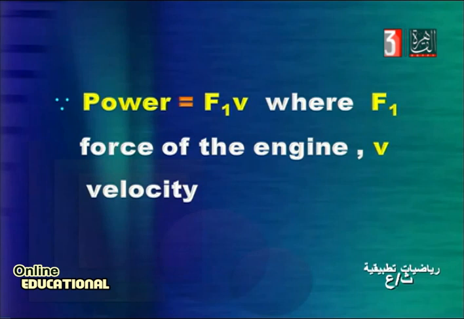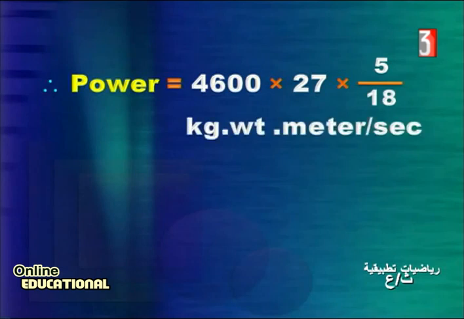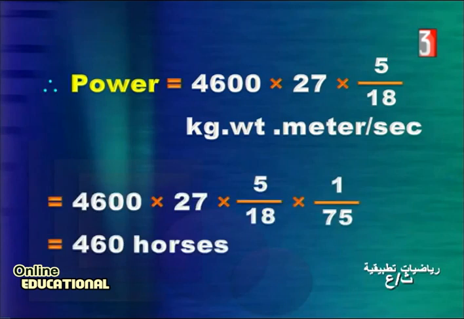Now, the power equals the magnitude of the force, which equals 4,600 kilogram weight, multiplied by the velocity, which equals 27 kilometer per hour times 5 over 18, then the velocity in this case in meter per second. Then the power equals 4,600 times 27 times 5 over 18 times 1 over 75. Then the power equals 460 horse.